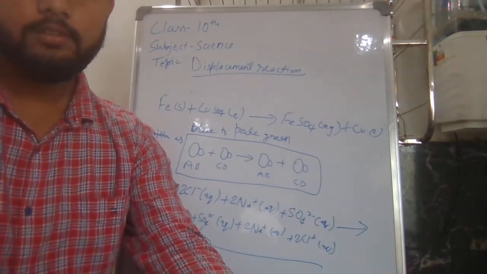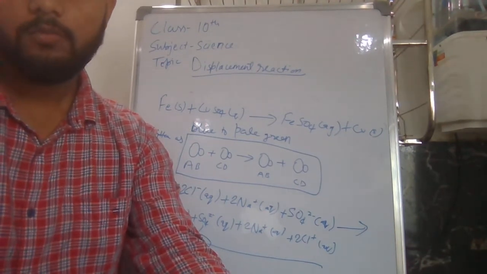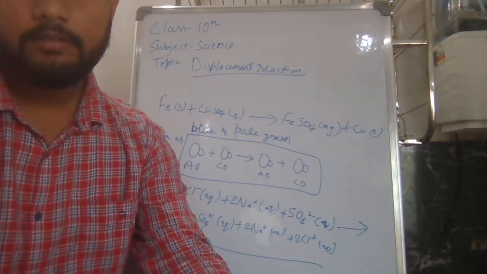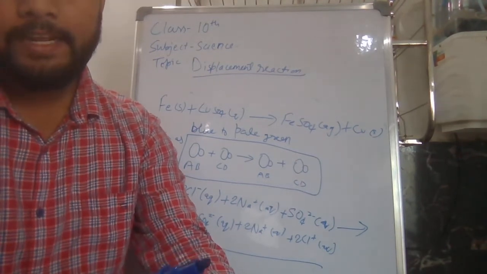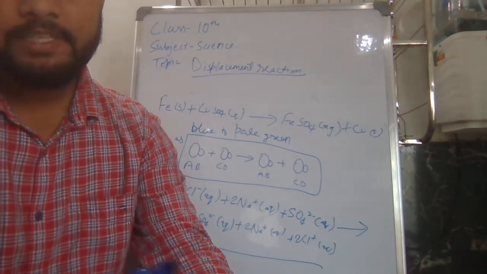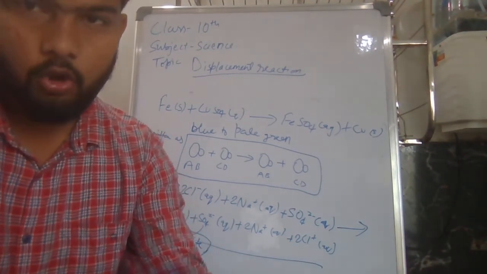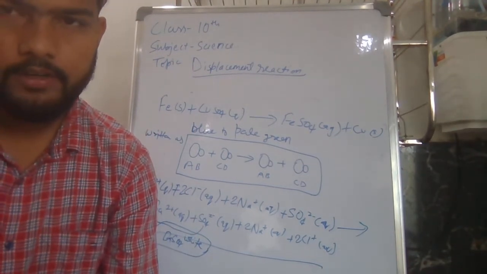So moving further, I will ask one question to you. You have to add a small quantity of dilute HCl to a precipitate of barium sulfate in a test tube, obtained by adding barium chloride solution to the sodium sulfate solution.